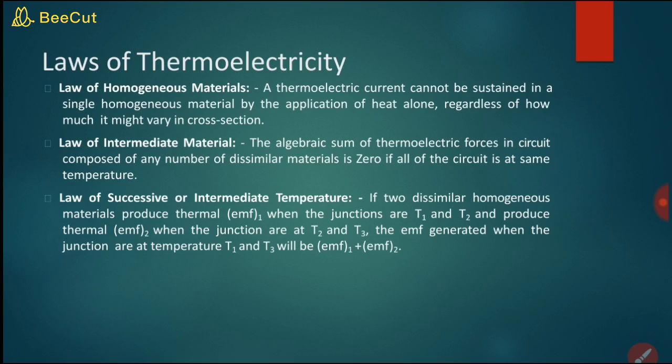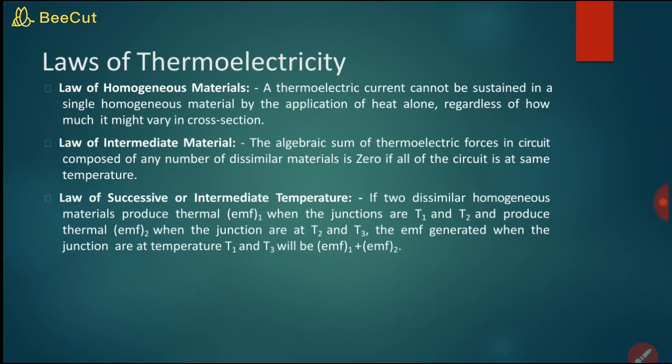And in case of law of intermediate material, the algebraic sum of the thermoelectric forces in a circuit composed of any number of dissimilar materials is zero if all of the circuit is at the same temperature.